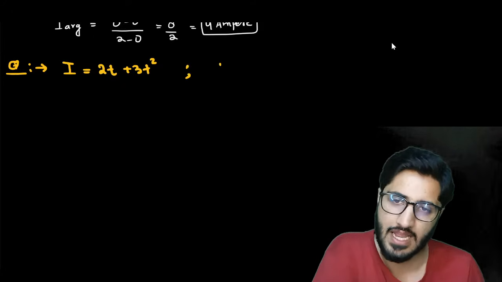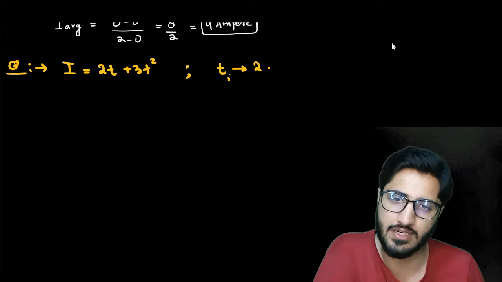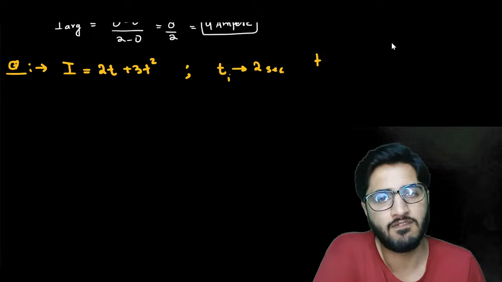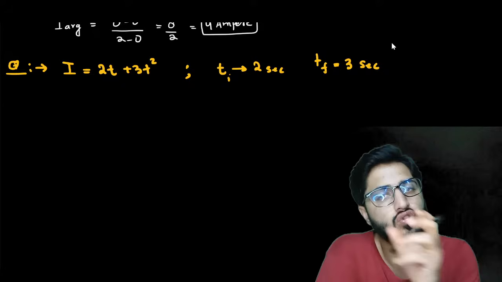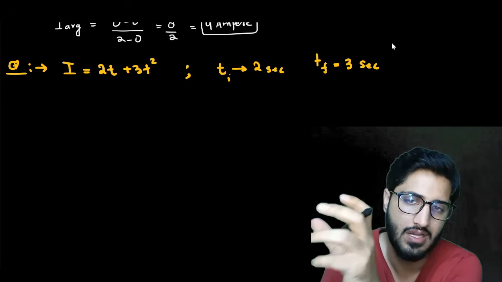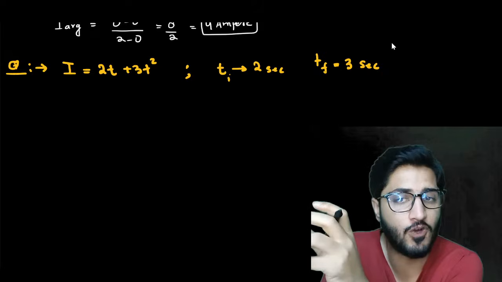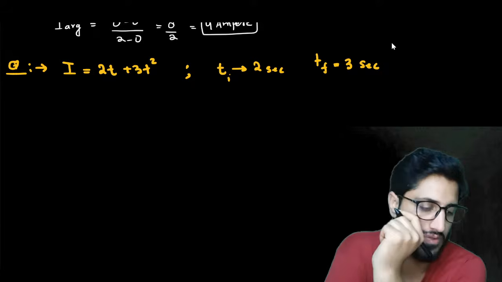The time interval is given: initial time is 2 seconds, final time is 3 seconds. So during 2 to 3 seconds, charged particles flow through the conductor. We need to find the charge.